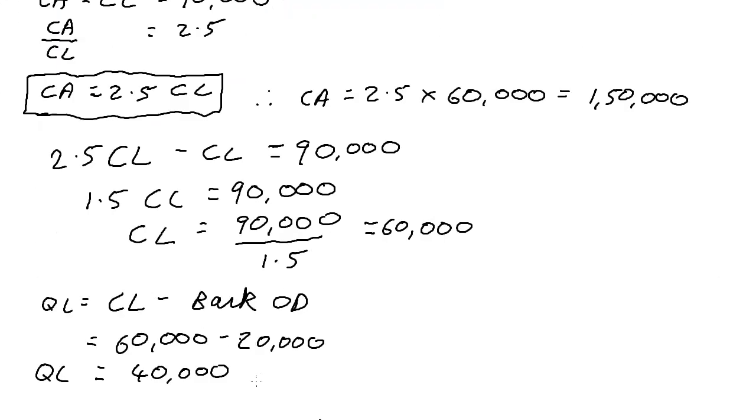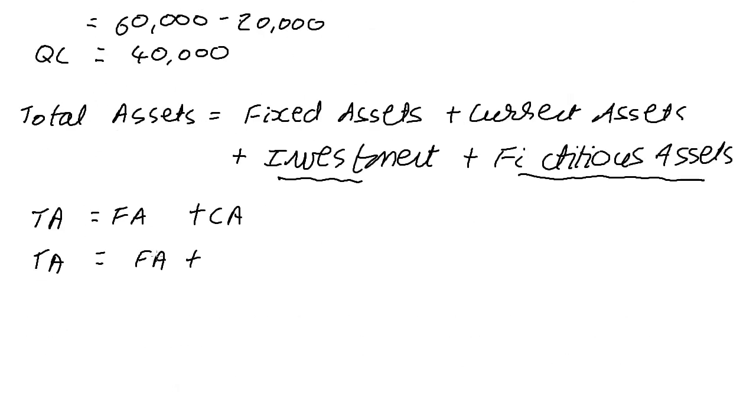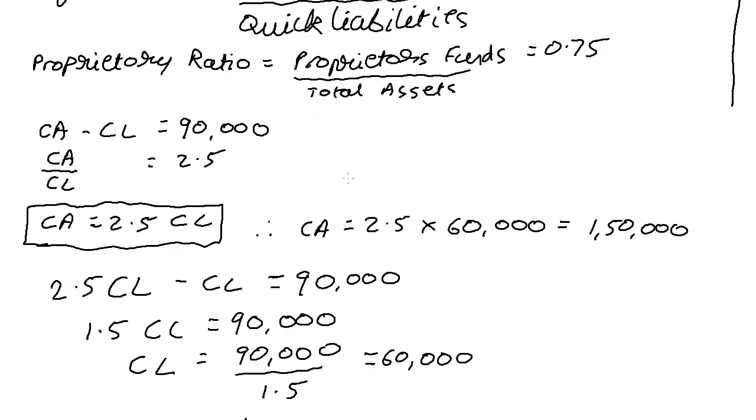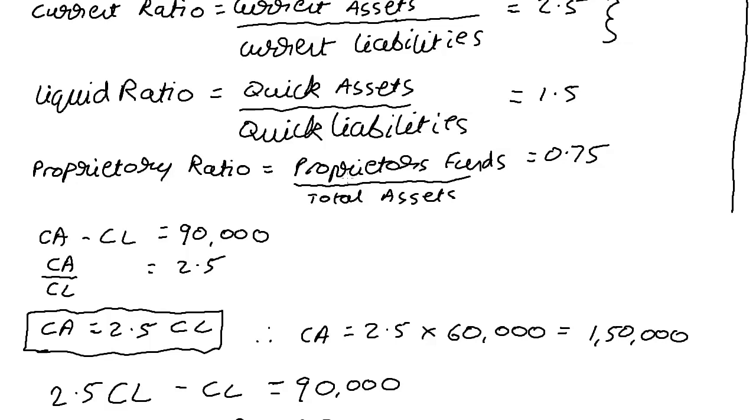Okay, so further down, 1,50,000. Now, why is this being done? Because we have with us the proprietary ratio, which is proprietors funds upon total assets.